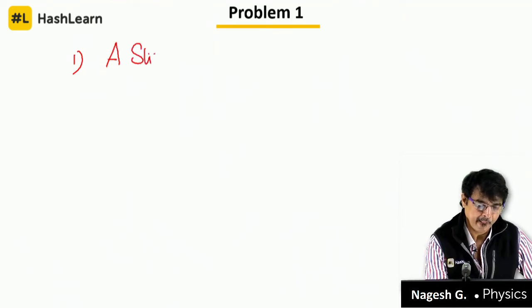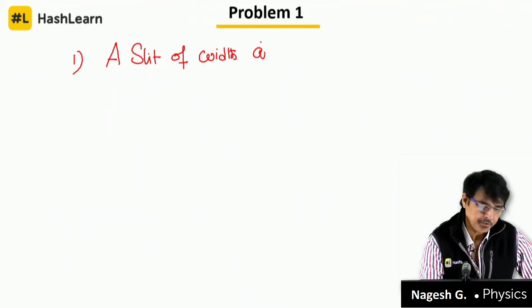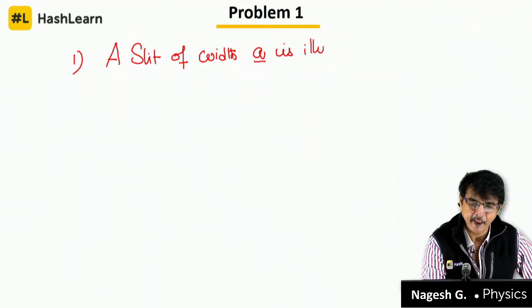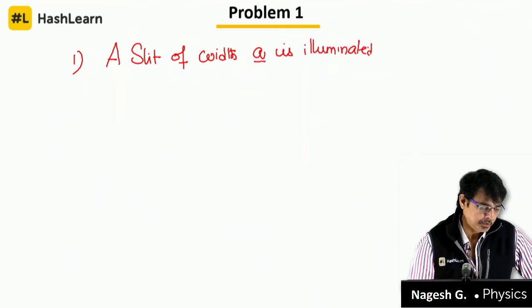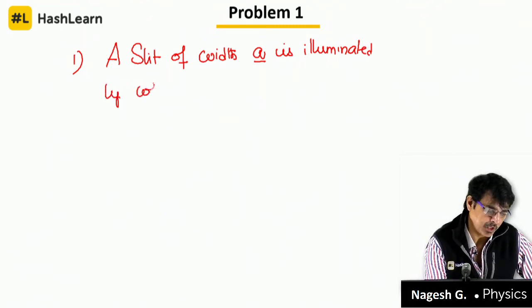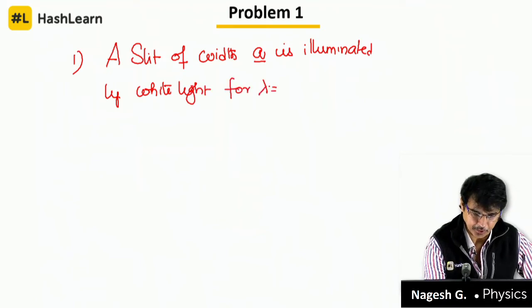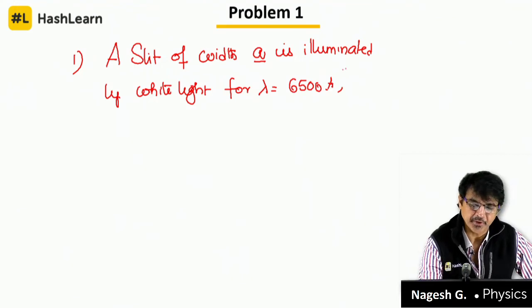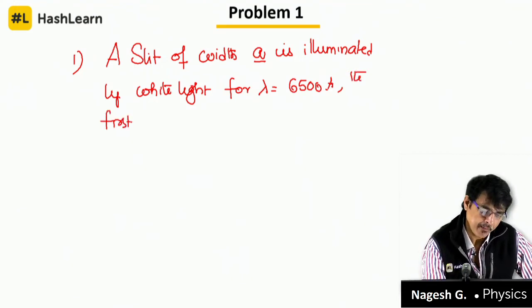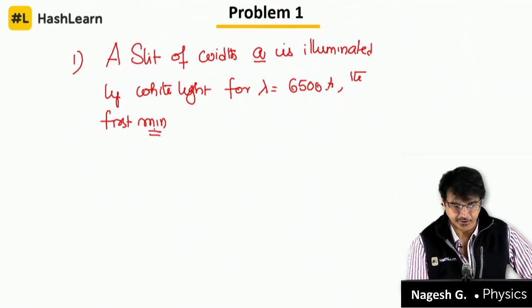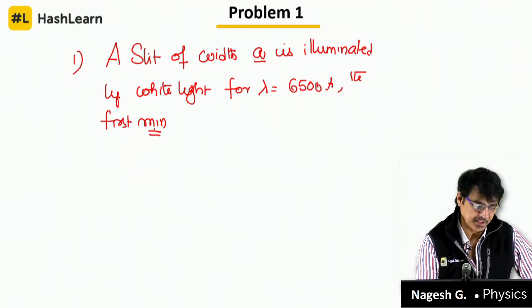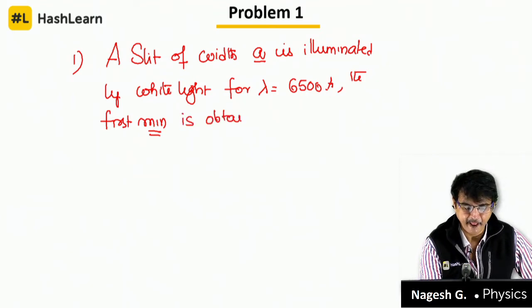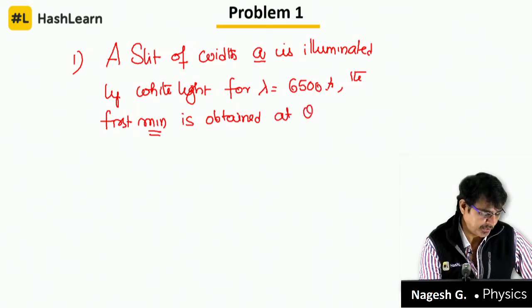A slit of width capital A is illuminated by white light for lambda equal to 6500 angstroms. The first minimum is obtained at theta equal to 30 degrees.